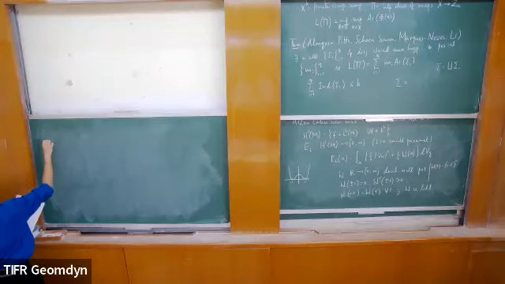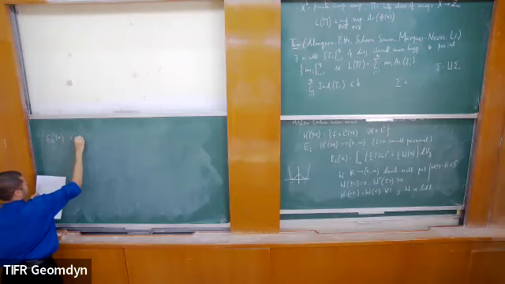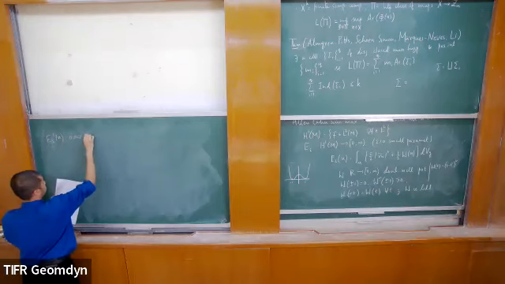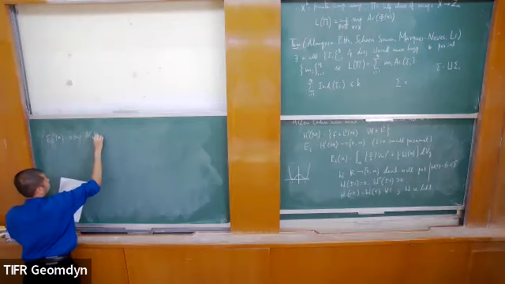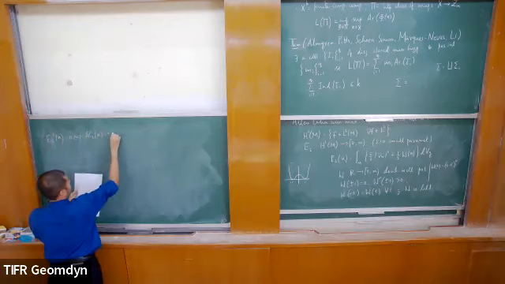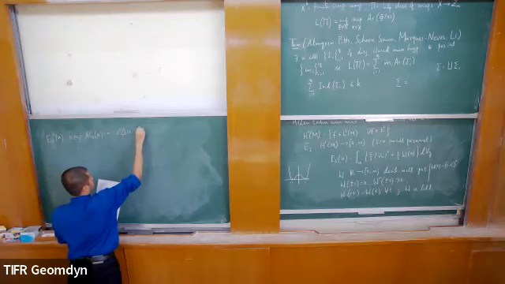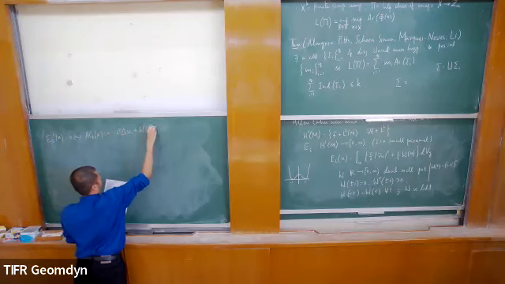I'll just write a few things. U is a critical point of E epsilon if and only if U satisfies the following PDE: minus epsilon squared Laplacian U plus W prime of U is equal to 0.